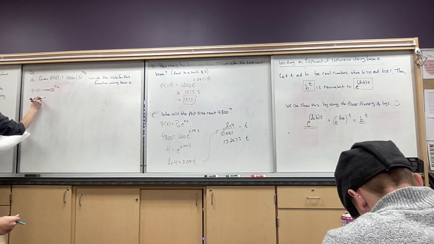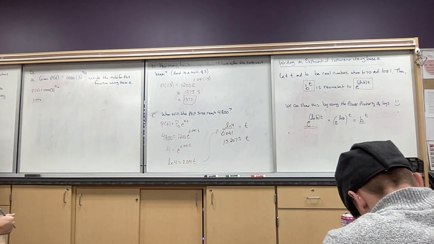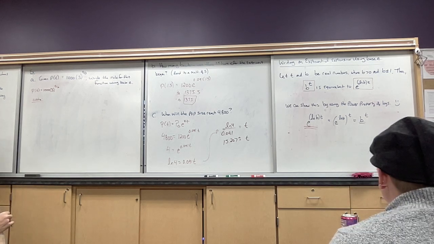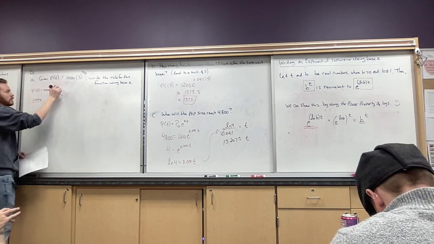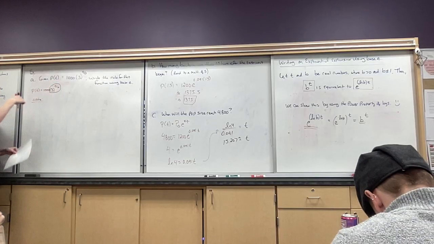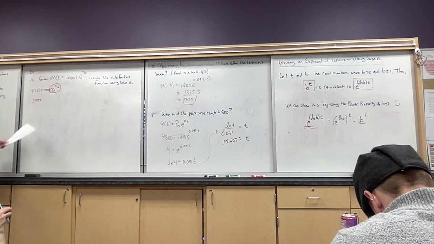Now, let's do a little side work here. Let's mess with the exponential part. So let me just circle that. I'm going to mess with just this, because my goal is to change this to base e with some power.